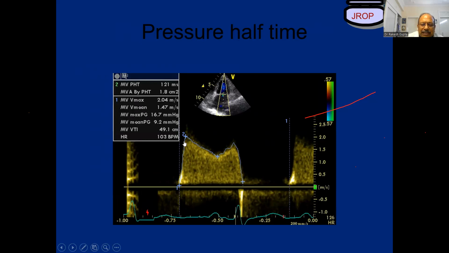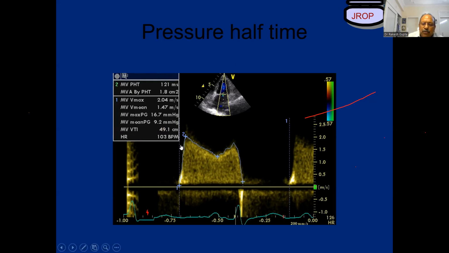It contains all the velocities, whether high or low, during peak or mean. So the machine will give you a peak velocity of 2.04, mean velocity of 1.47, peak gradient of 16.7, mean gradient of 9.3.